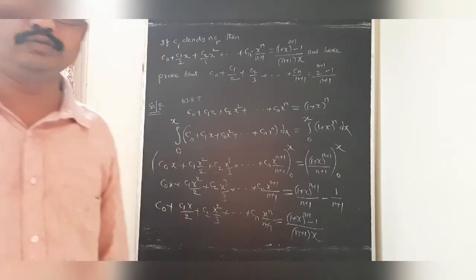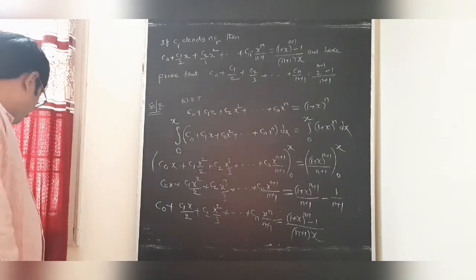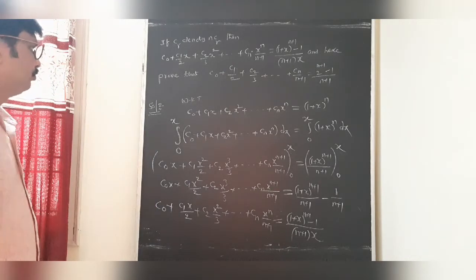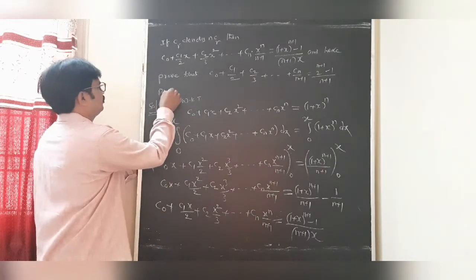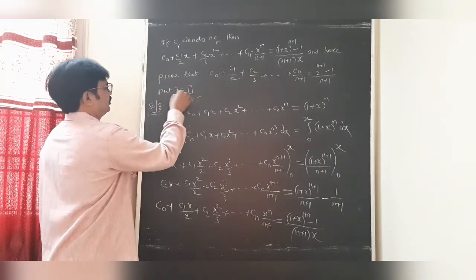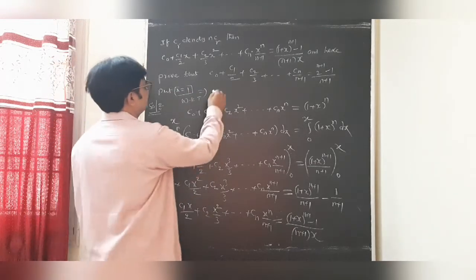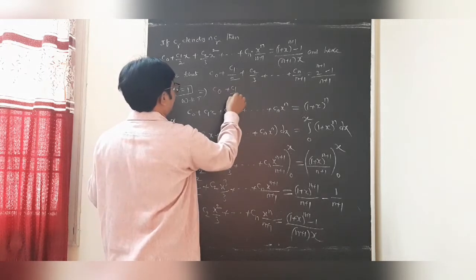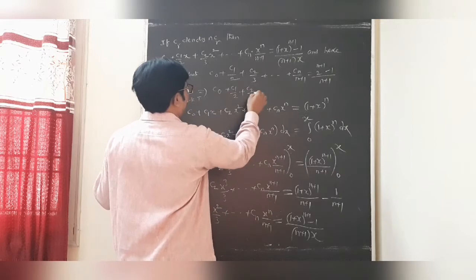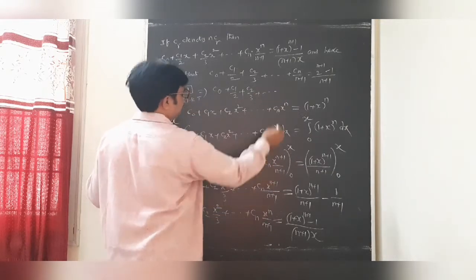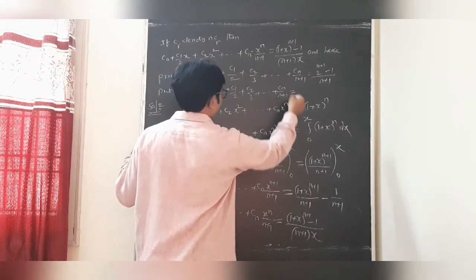This is one of the very important theorems, students. Now suppose we are taking x equal to 1. So dear students, after completion of the theorem, when we put x equal to 1, this is C0 + C1 by 2 + C2 by 3 and so on, Cn upon n + 1.